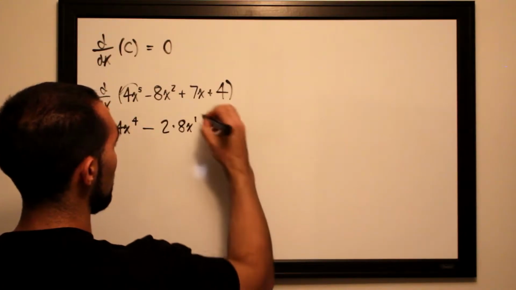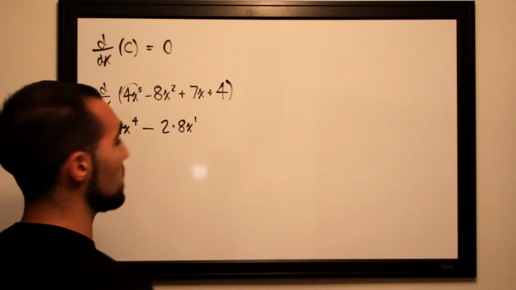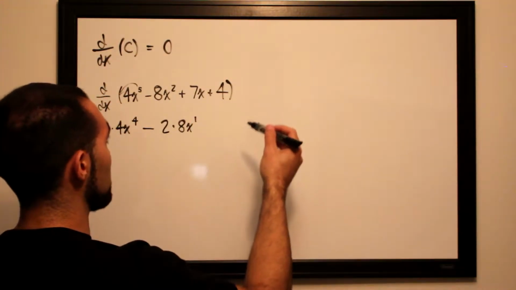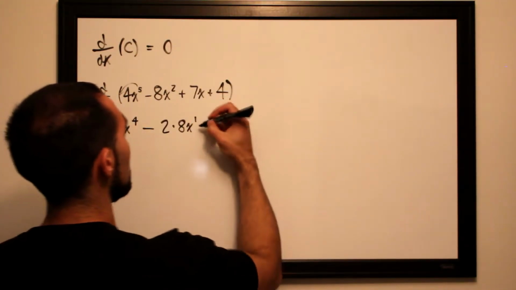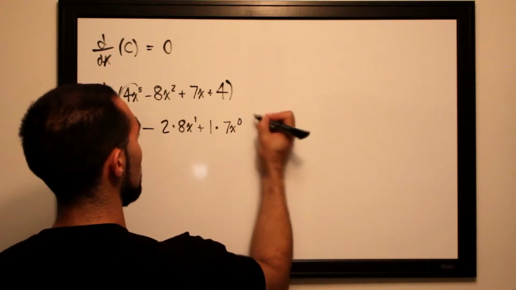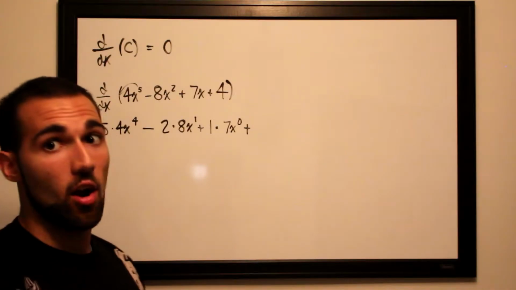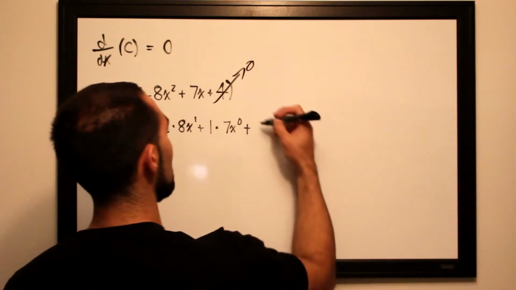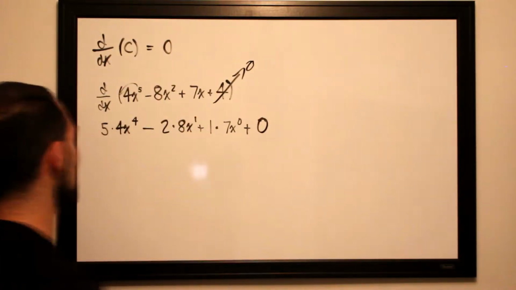And the derivative of 7x will simply be 7, because this will be 1 multiplied by 7x to the 0. And then the derivative of any constant, including 4, will go straight to 0. So plus 0.